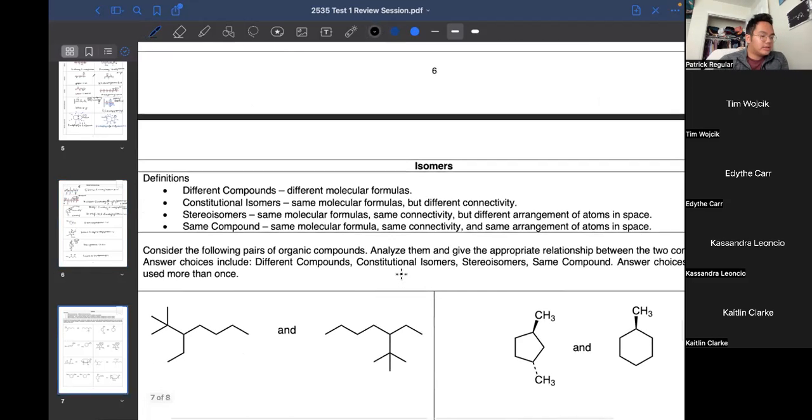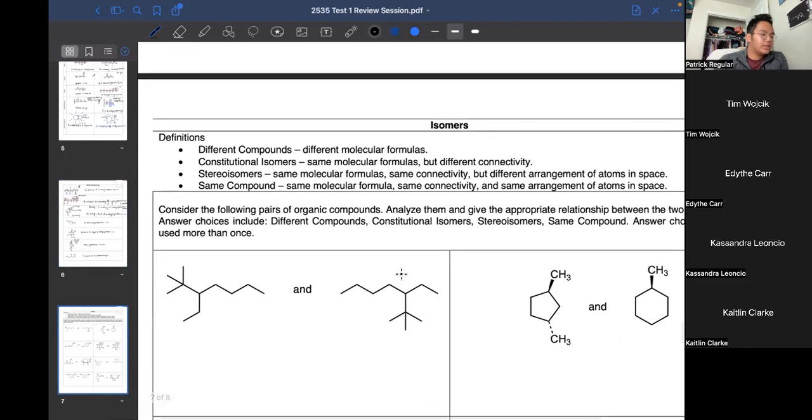All right. Now, do you guys know your definitions between different compounds, constitutional isomers, and stereoisomers? Hopefully you do. Different compounds just means different molecular formulas. The biggest giveaway for that is a different number of carbons.